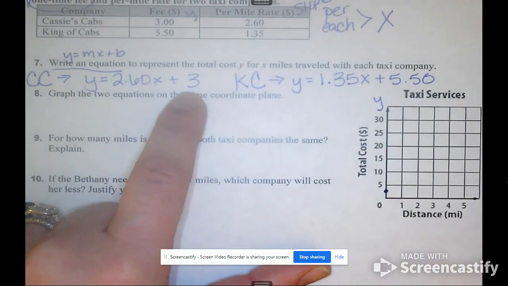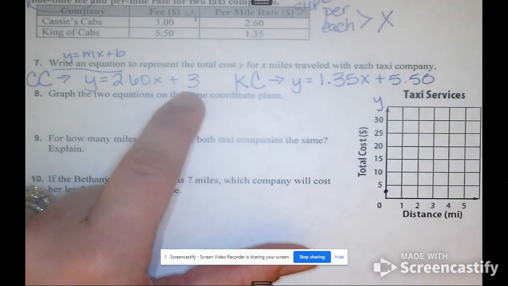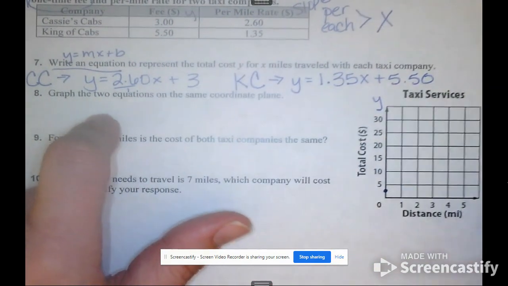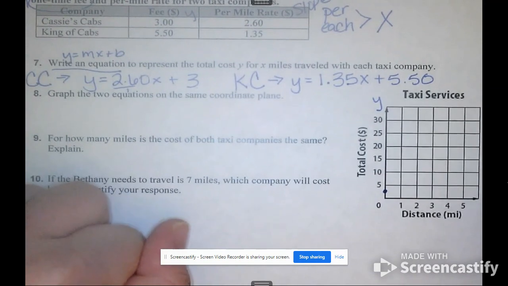Y'all agree? Okay. Now, this is the part where I said if it's not a fraction, you would turn it into a fraction because it would help you. So I would do 2.6 over 1 because I would rise over run.